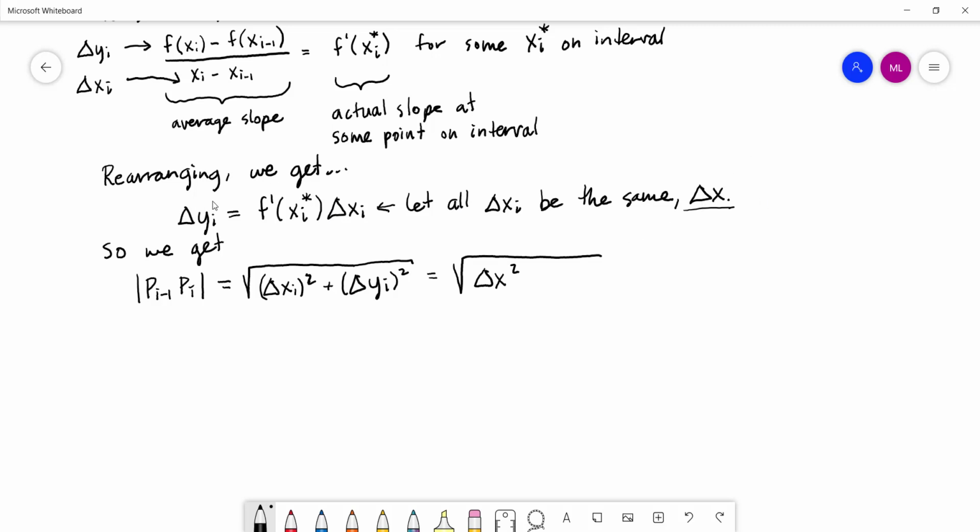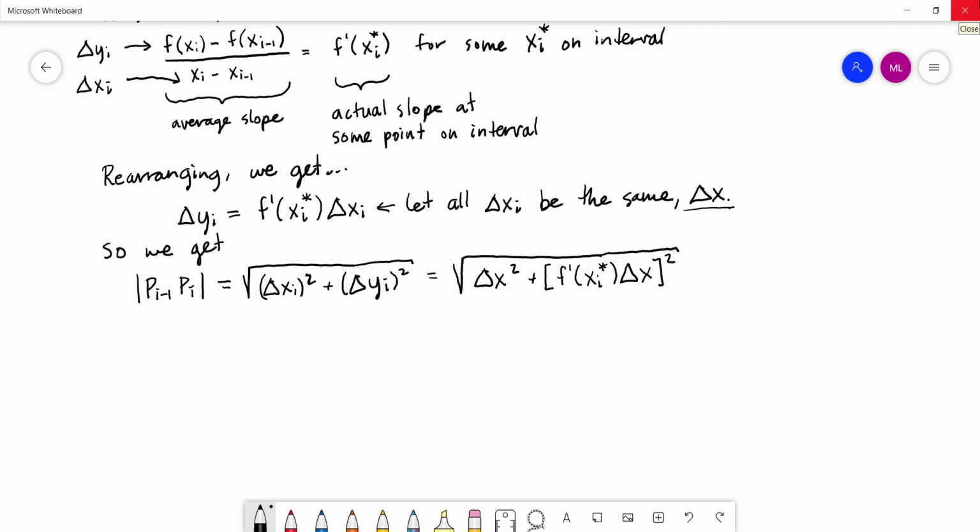And the delta yi values will be replaced with this expression here. So we've got, in parentheses, f prime of xi star times delta xi, but we're replacing delta xi with just simply delta x, squared. Right, so here's our delta xi squared, and here's our delta yi term squared, plugging in this representation right there.